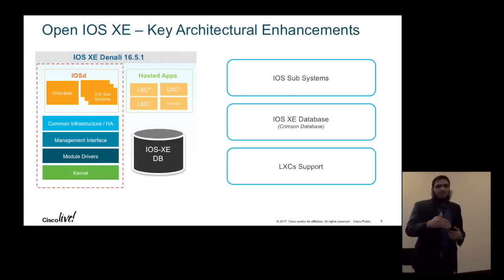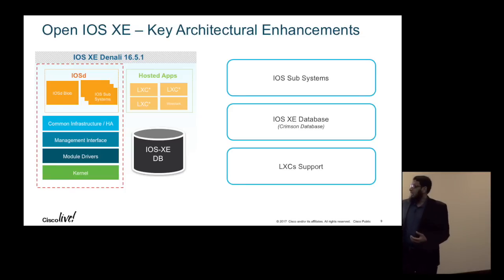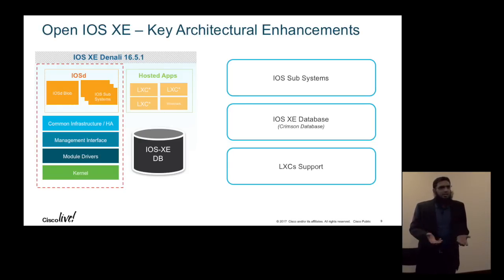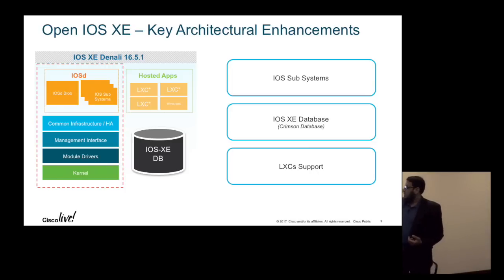So what we have done in the last 2-3 years is we have started to modularize the operating system. We have broken the big IOSd blob that we used to have into multiple IOS subsystems and have started running it on a Linux kernel. And that has given us some advantages. But later on, we have also added the IOS XE database.